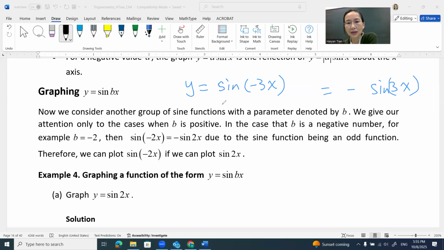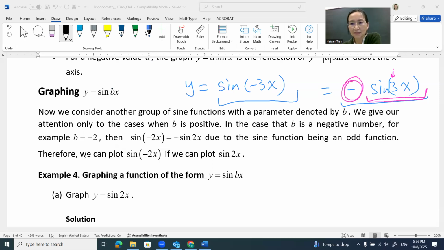Because of the odd property of sine, we don't have to worry about the negative, because as long as we can take care of the positive case, later we can do a reflection about the x-axis.